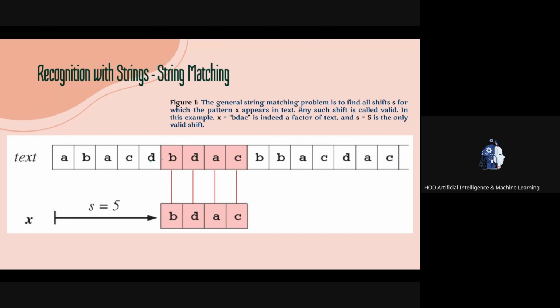There are 5 shifts, and after the fifth shift you are able to match the given X with the text. So the shift S equal to 5 is a valid shift. Understand? That is what string matching is all about.